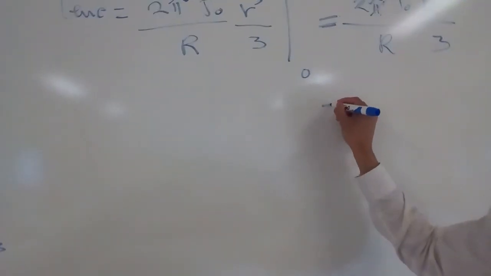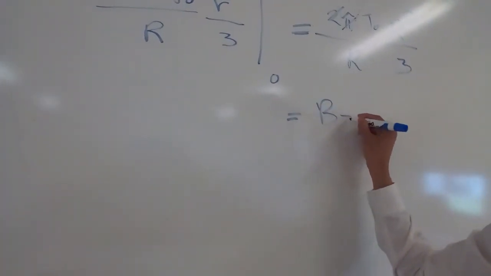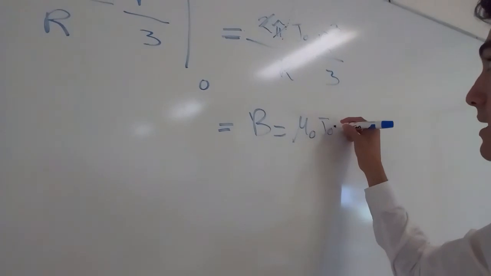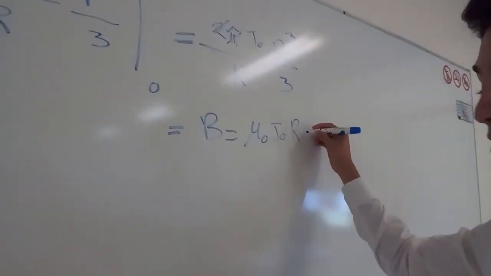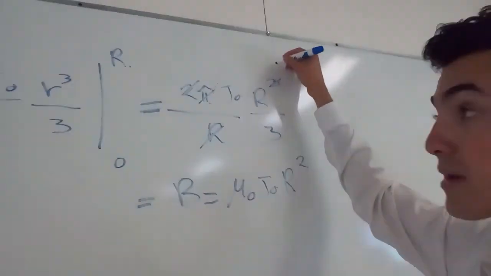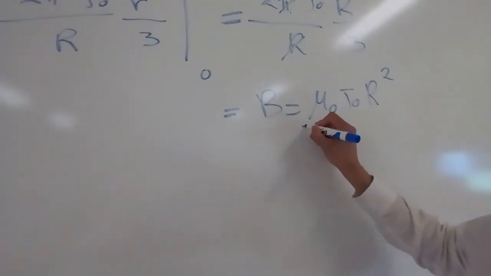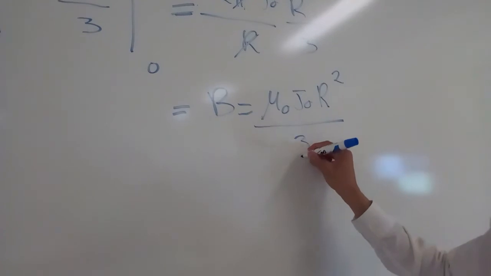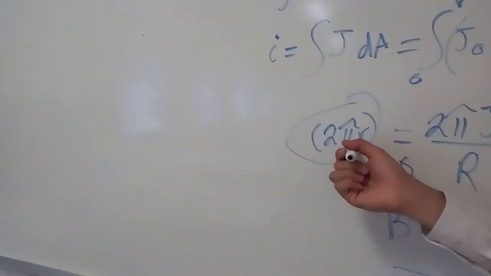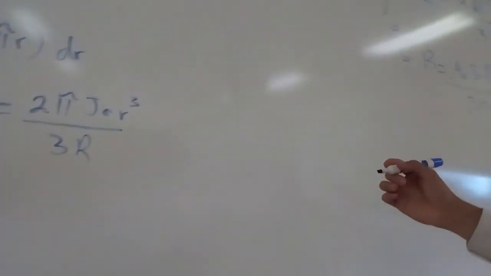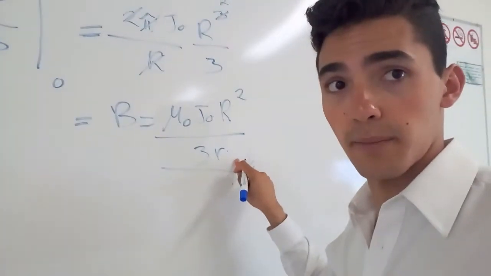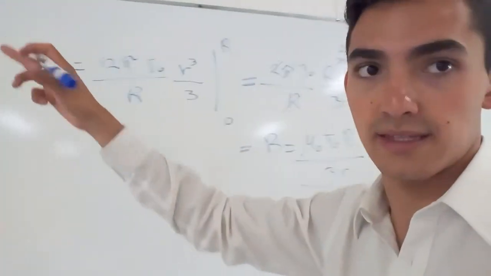So we are left with B equal to mu naught times J naught R cubed, because we cancelled this one with these 3 and we are left only with 2 here. And we are left here with the 3 and our radius from this part. So this is the second magnetic field that is asked in here.